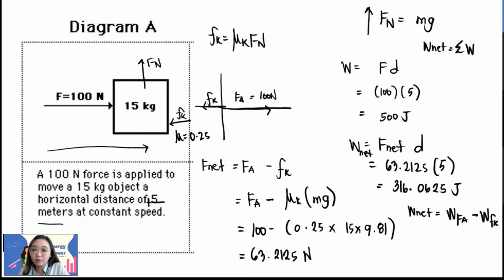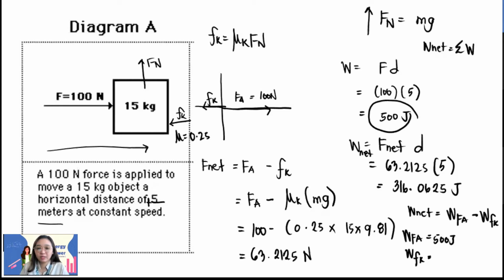Okay? So, individual, kunin natin si FA, work done by the applied force. So, ito yon. Na-compute na natin siya, 500 joules. Tapos, work done by the friction. Okay?